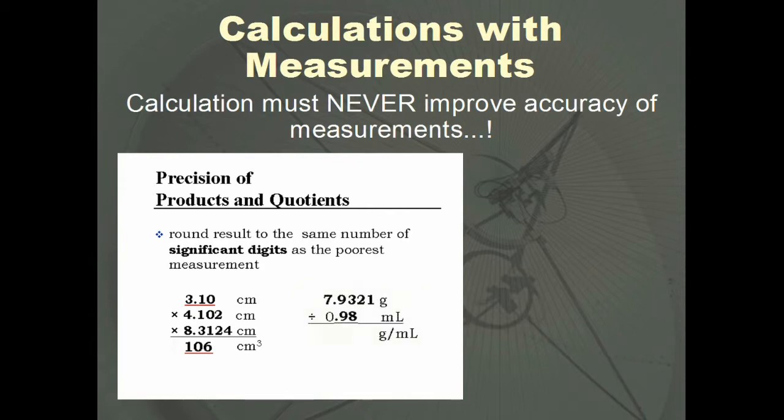Let's do a division. For example, if we calculate density, I measure a mass of 7.9321 grams, which means my scale was fairly accurate, probably an analytical balance. Now I divide the volume into it, 0.98 milliliters. That's not quite as good. What would I write down as my answer for gram per milliliter or gram per cubic centimeter?